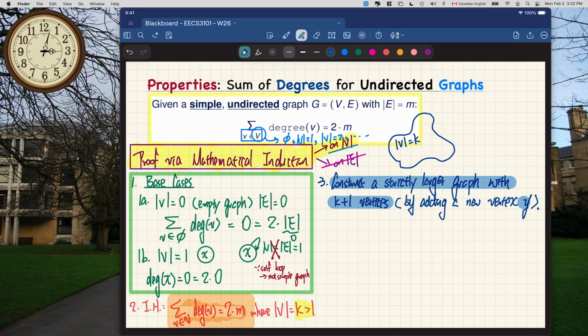And you can think about the k here really corresponds to the k that we made its assumption in the inductive hypothesis. We know the number of vertices is k. And the number of edges is n. So we kind of know the size of the graph. We know the measure, but I don't know exactly how they look like. But it's not important. We just know that there are k vertices.